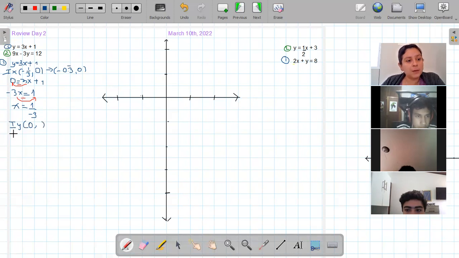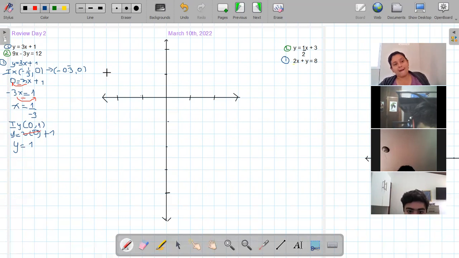And we are looking for y. So we say y is equal to 3 instead of x, 0 plus 1. Anything multiplied by 0 is always 0, so I can cancel that out. So y is equal to 1. And that's the number that I'm placing in there. I found already the intercepts for equation 1.